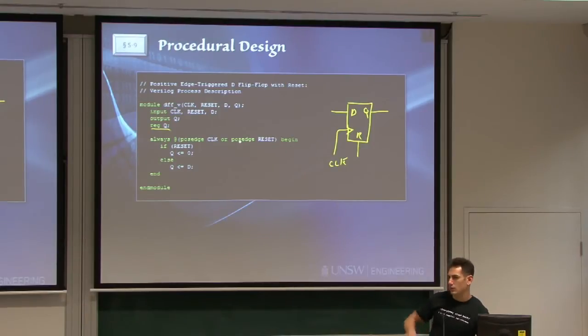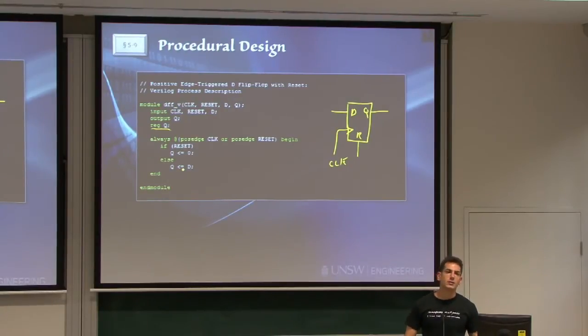It's only when we are pulling our reset up that we want to, right when we set it up, the flip-flop will be 0, and it will stay 0 while the reset is high. Otherwise, we're just triggering on the positive edge of the clock. Anytime the clock goes high, assuming reset is low, so this is false, we will put the value D into Q.